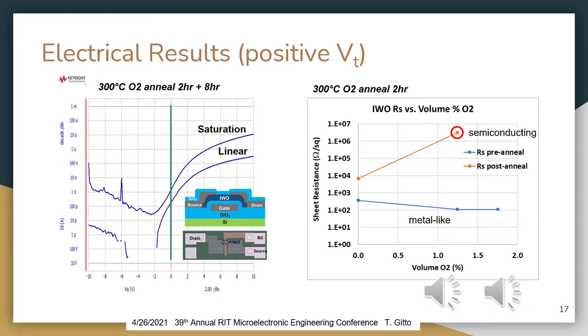However, after annealing extensively, we eventually came to the conclusion that this is definitely capable of acting like a semiconductor, which is what we can see with our 1.25 volume oxygen percentage.